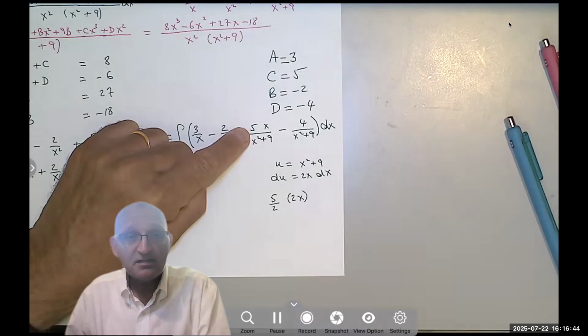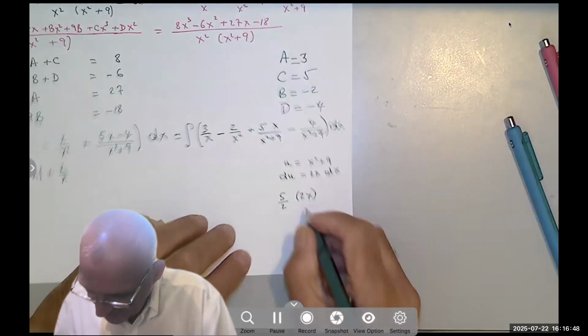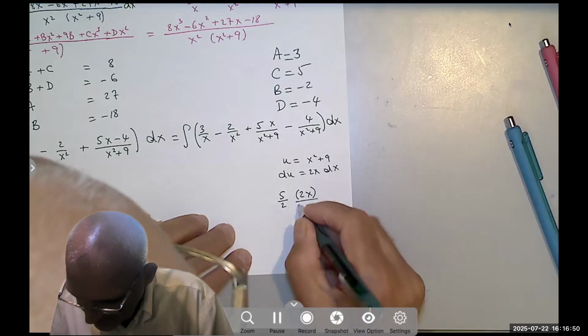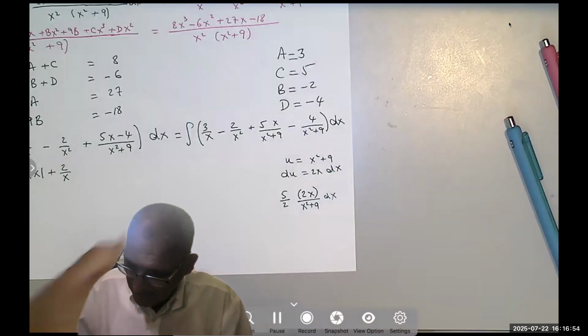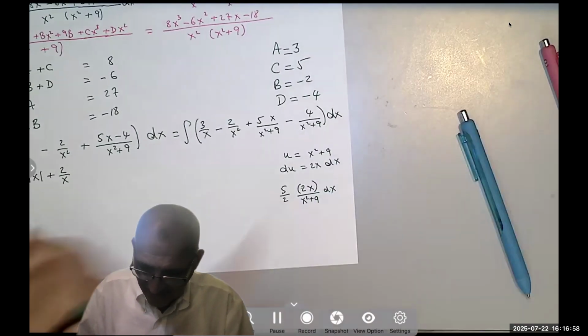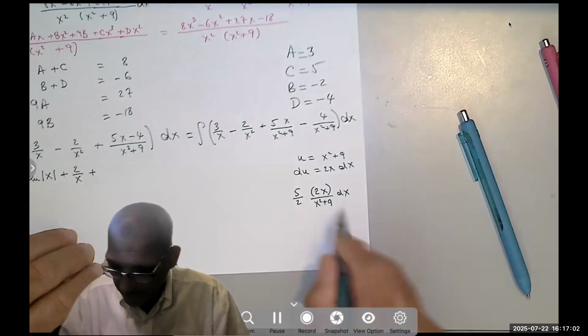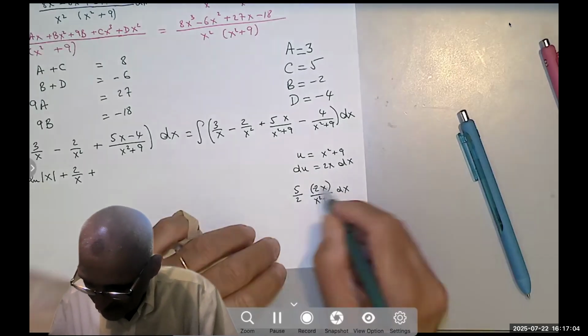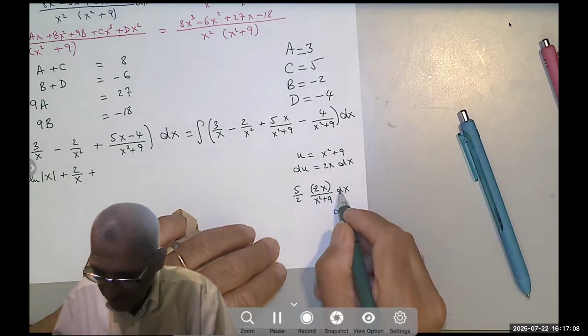You see how I wrote it? The 2 and the 2 cancel, and I had 5x divided by. But why did I write it like that? Because now the numerator, 2x dx without the 5, is du. Du is 2x dx.